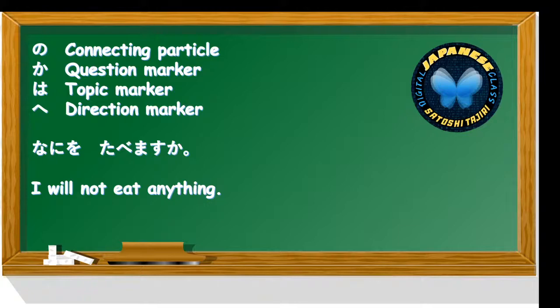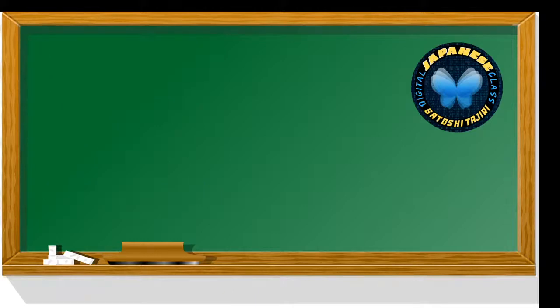So that's how you will make it negative. So if you're using mo, the verb will also become negative. So let's say for example here, okay, nani wo kaimasu ka? Okay, what are you going to buy? How do you say, I will not buy anything? I will not buy anything.